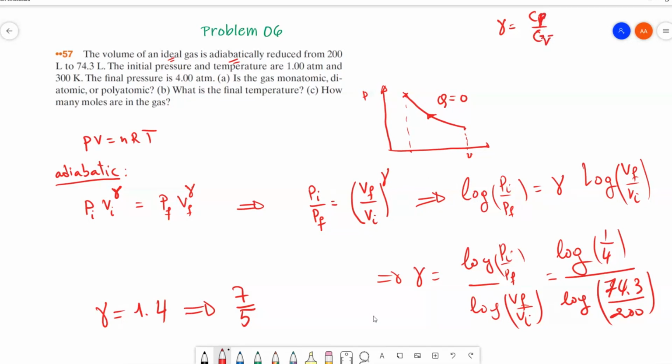If you look at the values of C_P and C_V for monoatomic, diatomic, or polyatomic, you will find that you have a ratio of 7 over 5, which is the closest to 1.4. So gamma is equal to 7 over 5. This means that the gas is diatomic.